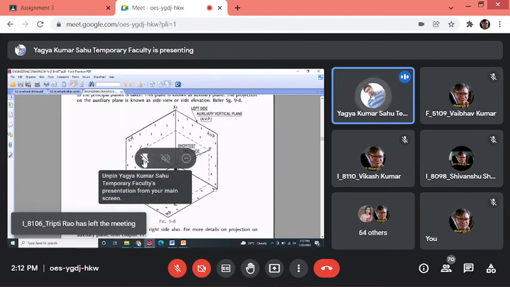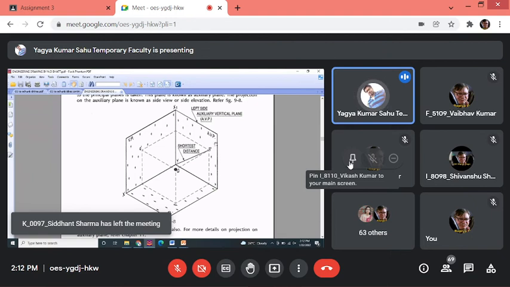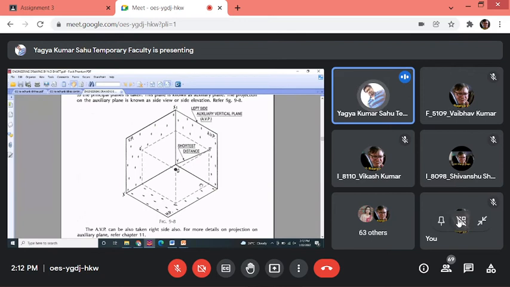Now, what about the distance of the side view from that particular horizontal reference line? If you turn this away from the object, you'll get the height of Q dash and Q double dash the same from XY. Is it the same or not? The distance of Q dash from XY and the distance of Q double dash from XY, is it the same?